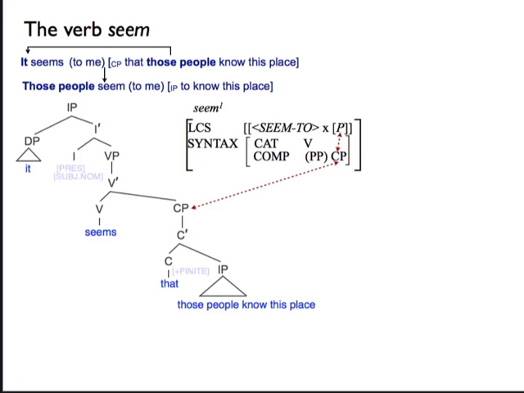So that construction that you were just saying was where the CP, rather than the DP, has moved up into that subject slot. You can only do that, like I'm saying, under certain scenarios. You can't do that if you don't embed it under "to be true," right? So you can't say, "Those people know this place seems to me." No, it's no good, right?